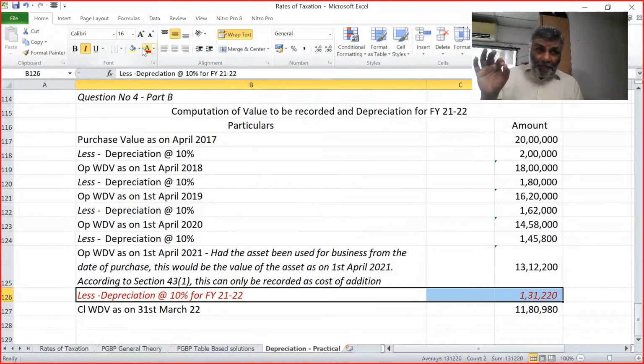Had the asset been used by the Indian entity from the date of its acquisition, what would have been its current value? That can only be recorded.